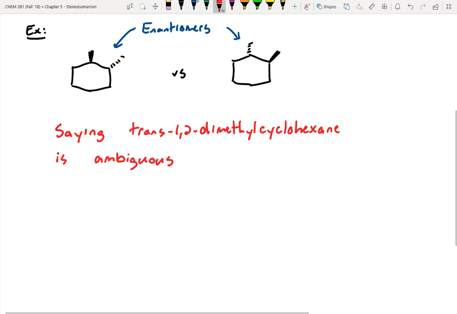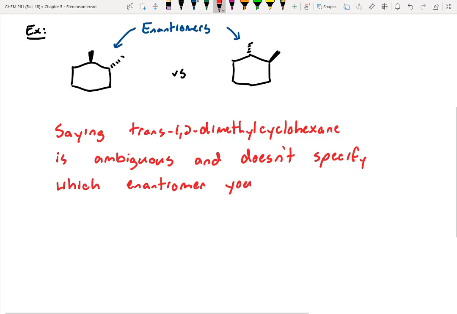So saying trans 1,2-dimethyl cyclohexane is ambiguous and doesn't specify which enantiomer you have. What would be a much better system for naming these? Yeah, use R and S. Then you can clearly say I have one enantiomer or I have the other enantiomer.